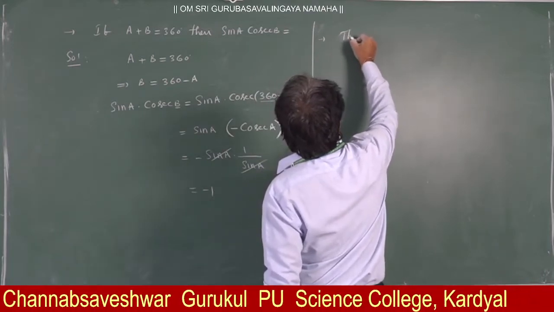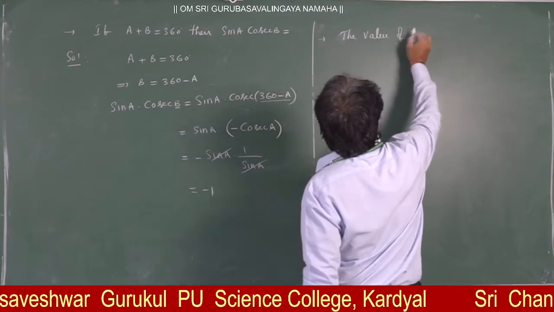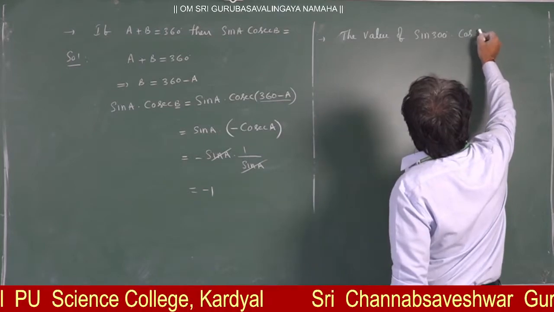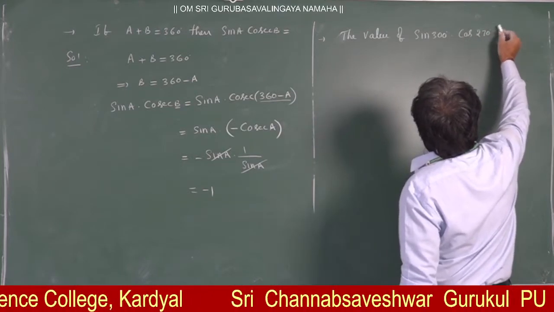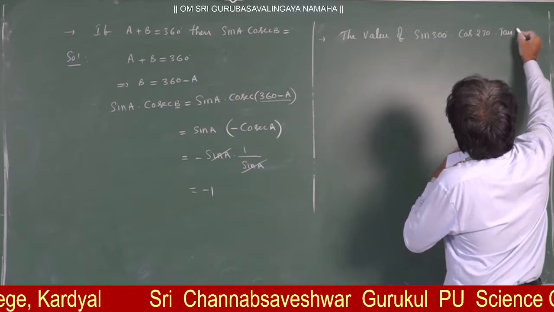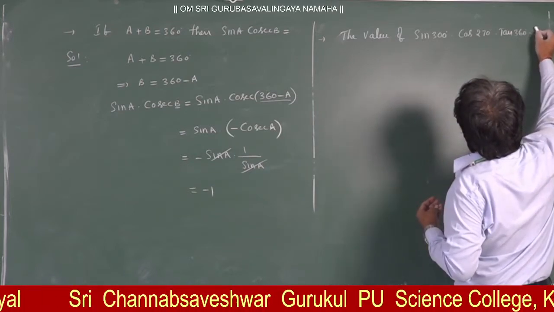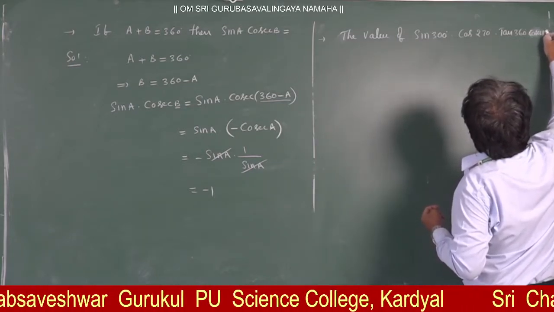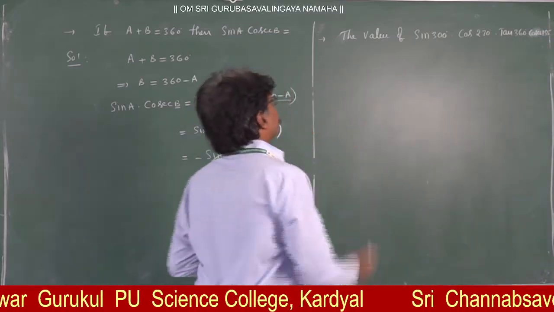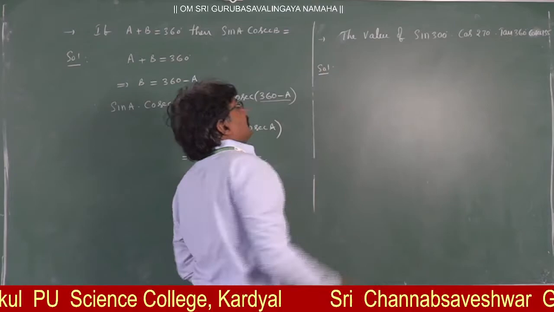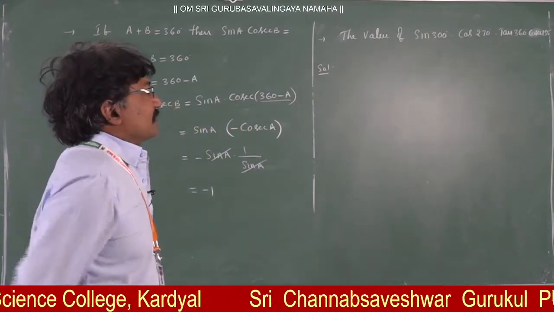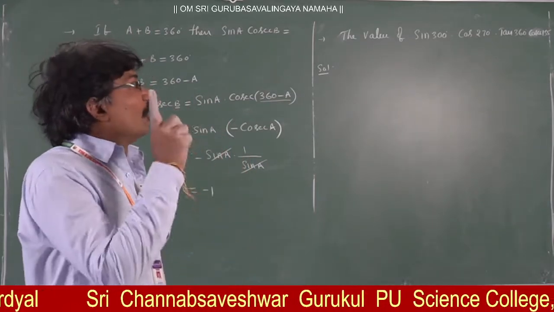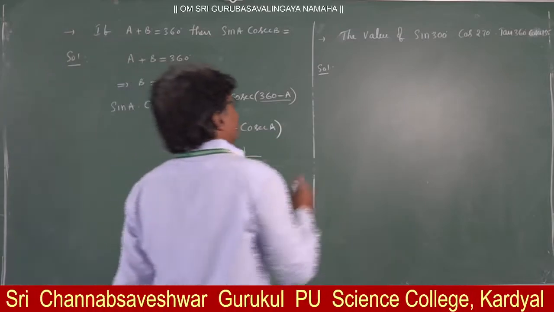The value of sin 300 degrees into cos 270 degrees into tan 360 degrees into cosecant 135 degrees is equal to what?